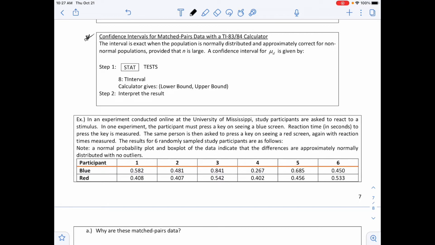The interval is exact when the population is normally distributed and approximately correct for non-normal populations, provided that n is large. The confidence interval for mu sub d is found using T-Interval, and so this is going to be going to stat, test, and then TInterval. We're going to get our lower bound and our upper bound, and then again we need to interpret our results.